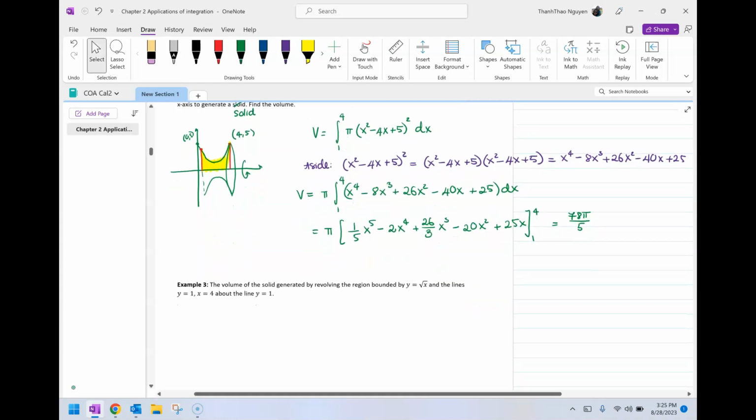So we looked at the solid revolved about the x-axis to create the solid, right? So what happens if we revolve about a different line? Let's take a look at this example. Find the volume of the solid generated by revolving the region bounded by y equals square root of x, the line y equal 1, and x equal 4, about the line y equal 1.